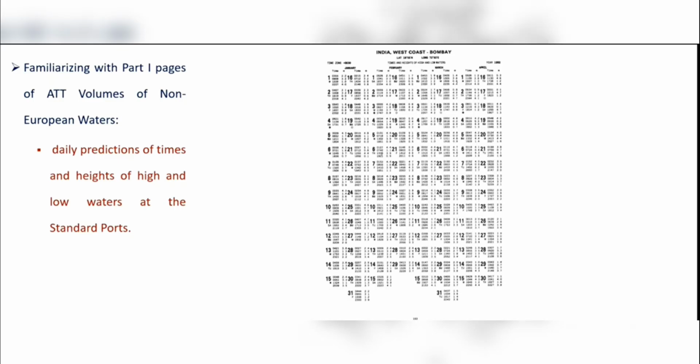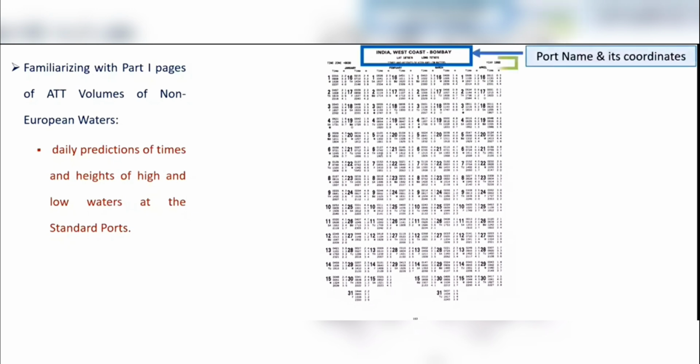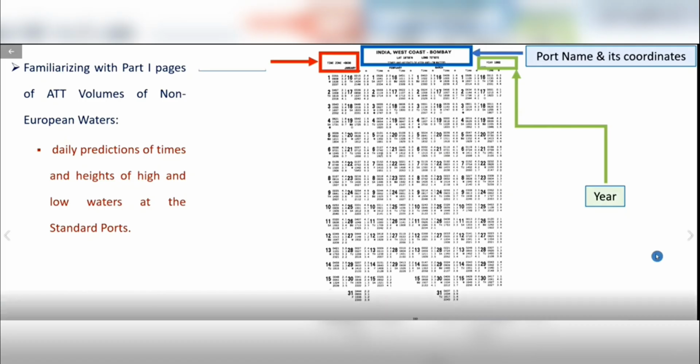We have the page of Bombay on display. This page is very similar to the page we had in ATT Volume 1 as well. On top, we have the port details and its coordinates. Then we have the year of the tide tables, which in this case is 1992. And then we have the time zone for India, which is minus 530 hours.